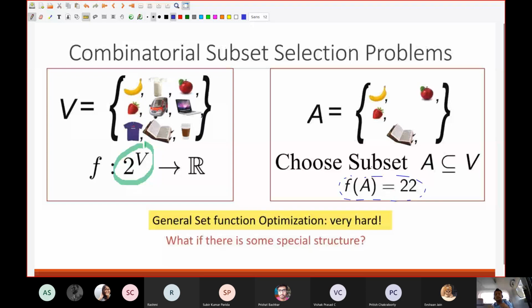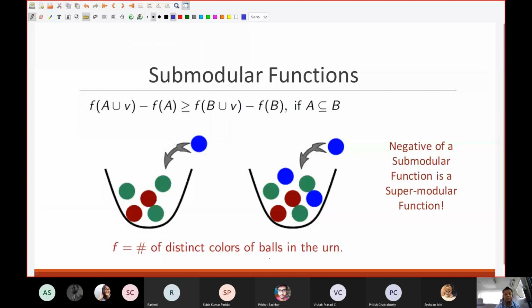And that is submodularity. And the canonical example of that is the number of distinct colors of balls in an urn. So on the left hand side, you see, okay, I'll go over this a little slowly. Think of this as our set A. The set A has two brown and three green balls.